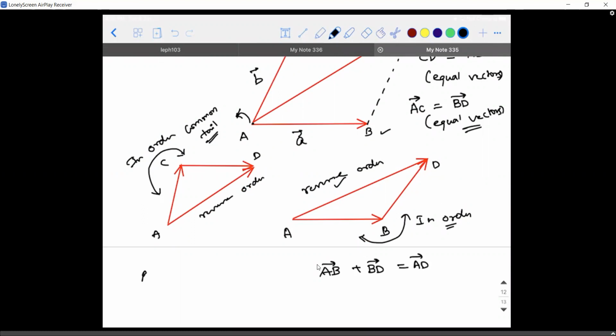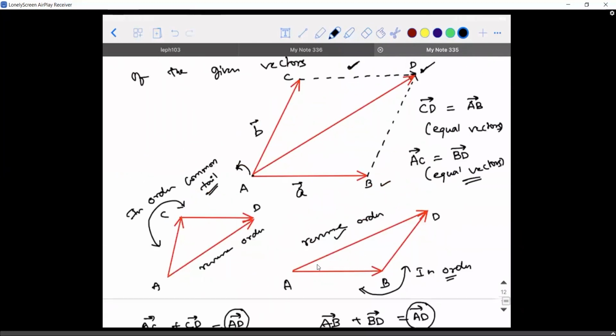Right? Can I write AC vector plus CD vector is equal to AD vector? In both the cases, the resultant is AD vector, and this AD vector with respect to the parallelogram is nothing but the diagonal of the parallelogram by doing the construction.